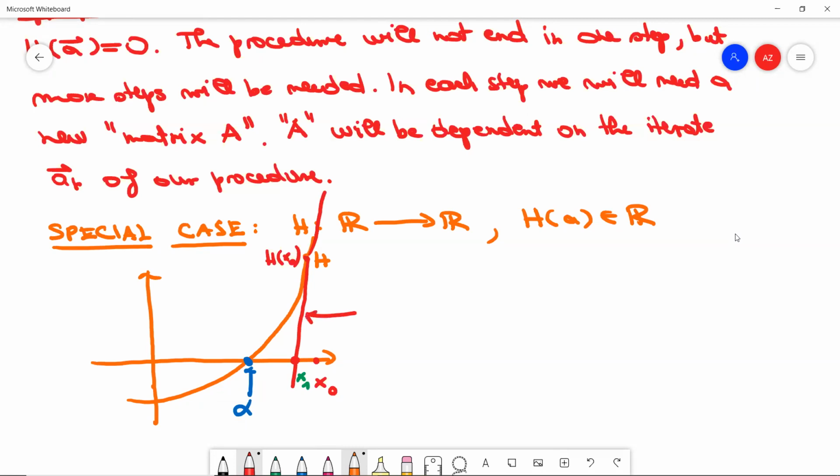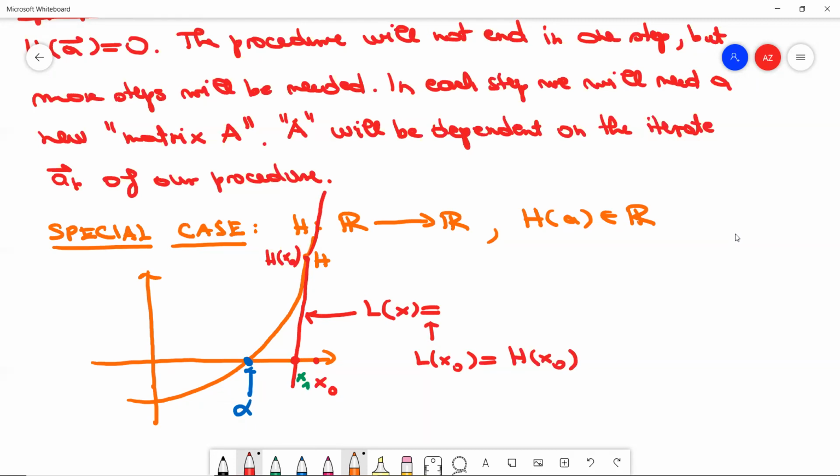The formula for this tangent: in the point x naught, let's write L of x. So what was our goal? In x naught, L of x naught should have the same value as our function h. So it was h of x naught.